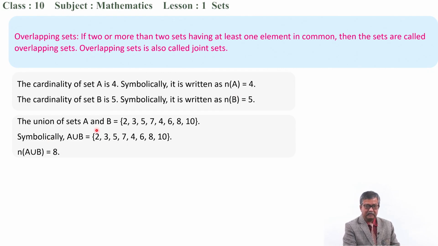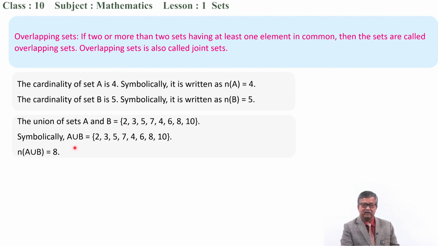Look at the set A union B. How many elements are there? 2, 3, 5, 7, 4, 6, 8, 10. Yes, because one element, 2, is common in set A and set B. In a set we cannot repeat the same elements, that's why 2 appears only one time. Then 3, 5, 7 are contained in set A, and 4, 6, 8, 10 are contained in set B. So the union is 2, 3, 5, 7, 4, 6, 8, 10.